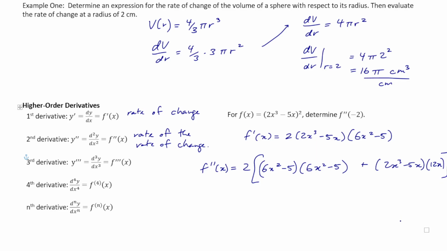Now that I have the second derivative, I'm not going to bother cleaning it up at all, because they just want me to evaluate the second derivative at x equals -2. So I can just insert -2 for the values of x, and by doing so you'll end up with 10 as your final answer.